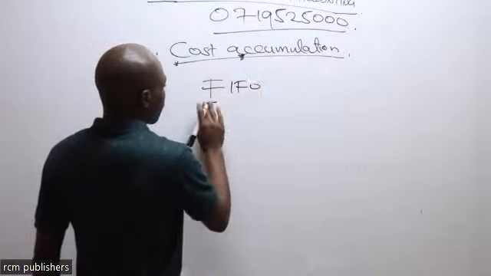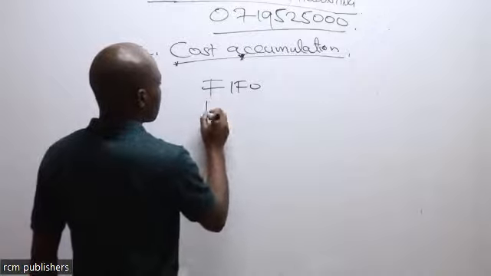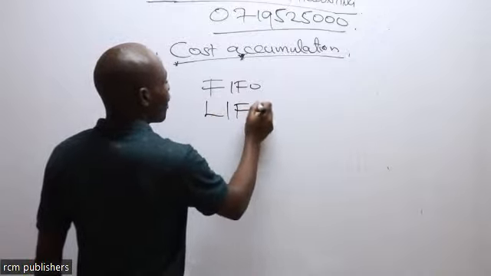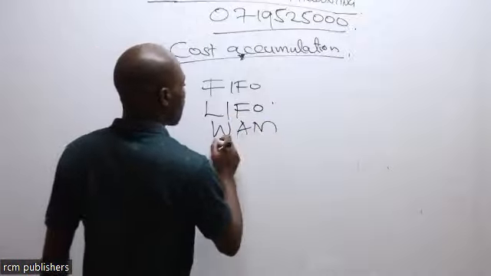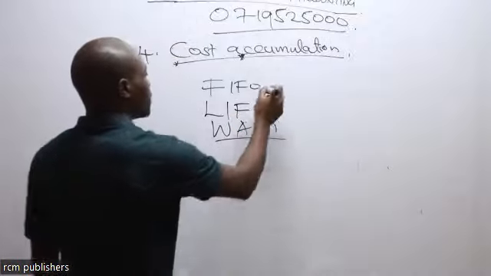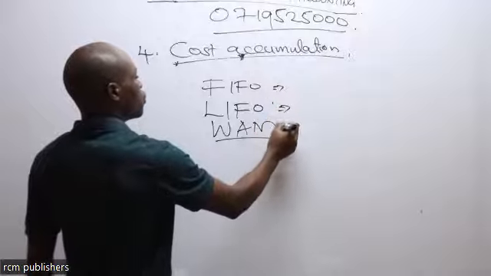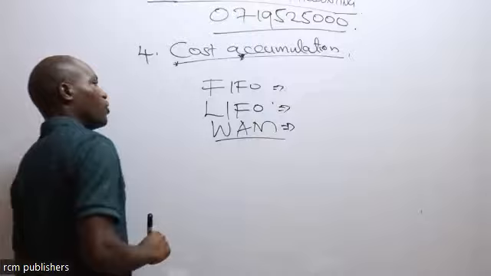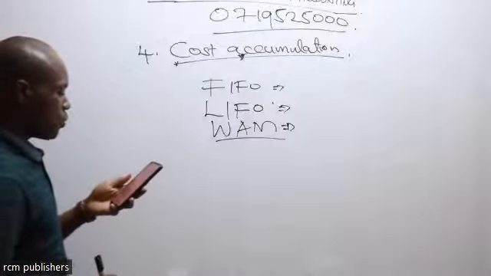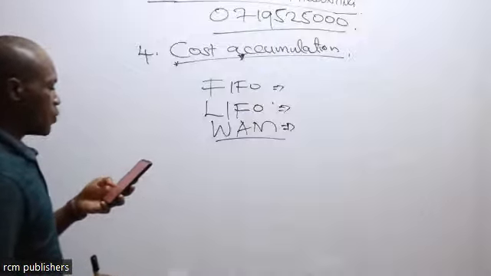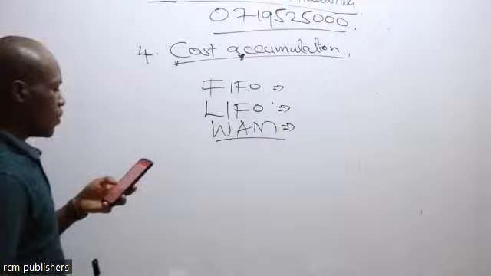Then LIFO, last in, first out. Then we also apply the weighted average method. These we are going to cover as we deal with inventory in topic number 4. Remember, it is the largest topic for this particular unit.